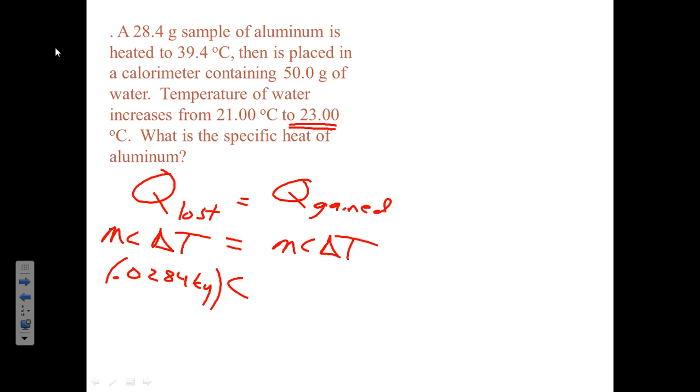So 23 is what point? It's thermal equilibrium. Once we stick the metal in there, the water's going to heat up and the metal's going to cool down. And when the temperature stops changing, they're both at the same temperature. So that's what the 23 is. So our aluminum changes 16.4 degrees.